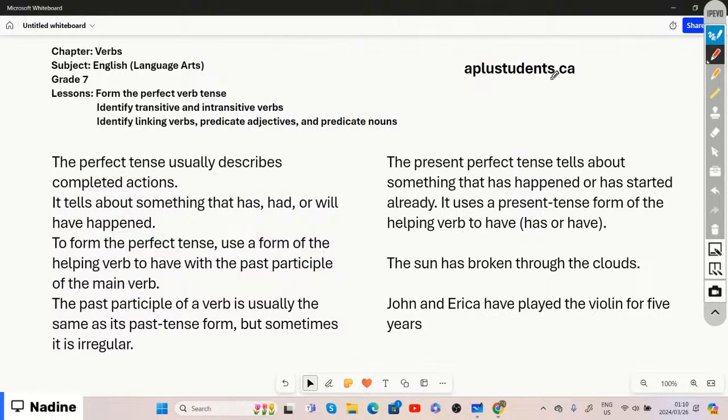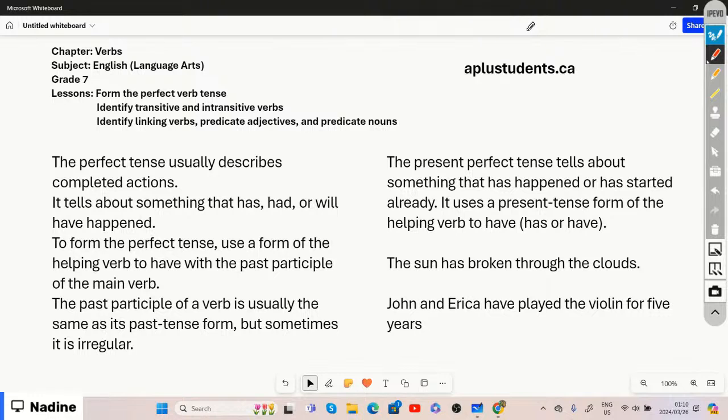All right, so now when it comes to our different tenses, because we said we need to form the perfect verb tenses, and perfect tenses usually describe completed action. So now a present perfect tense tells about something that has happened or has started already.